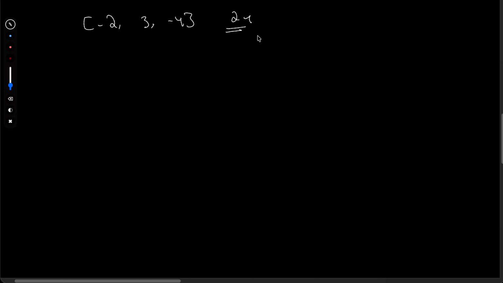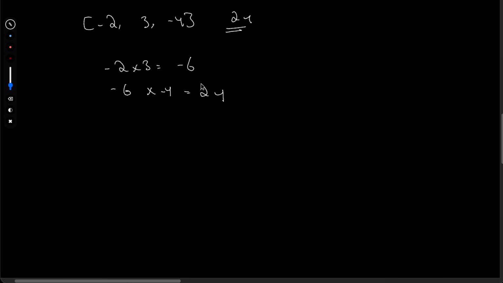For example, -2 into 3 is -6, and -6 into -4 is 24. So a small negative becomes a big positive. That is the trick.